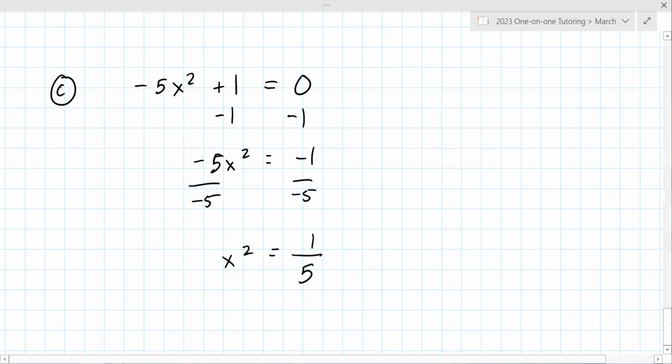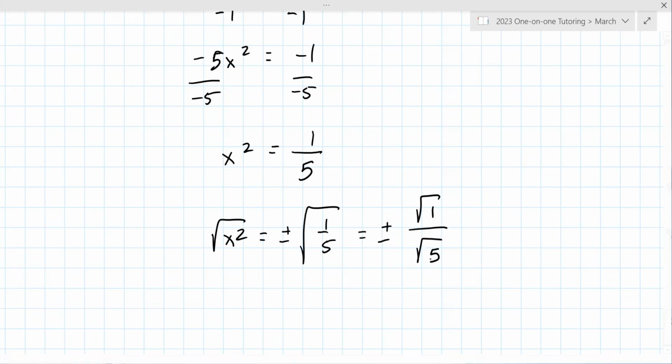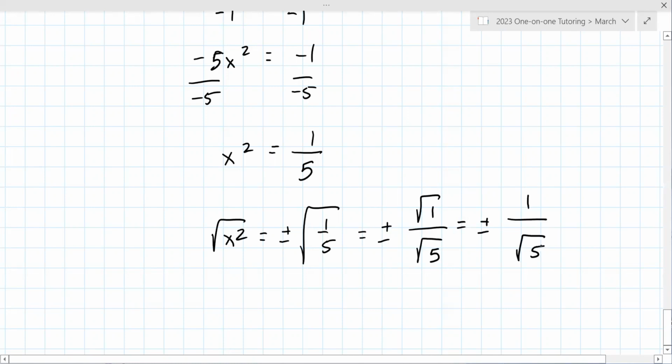There's a bunch of stuff that's about to happen from here. So you're going to square root both sides, plus or minus the square root of 1/5. Now this becomes the square root of 1 over the square root of 5. I hope you can see that the square root of 1 is 1. The square root of 5 is not a known value.